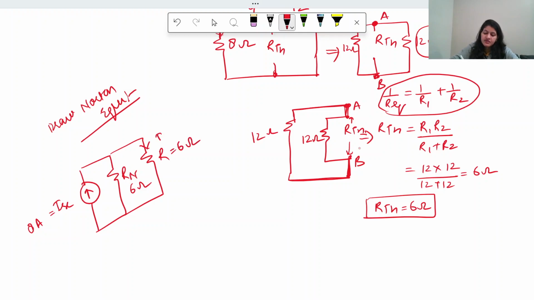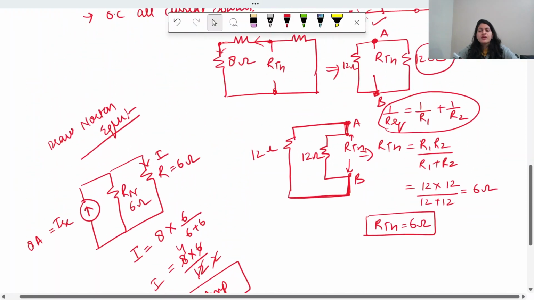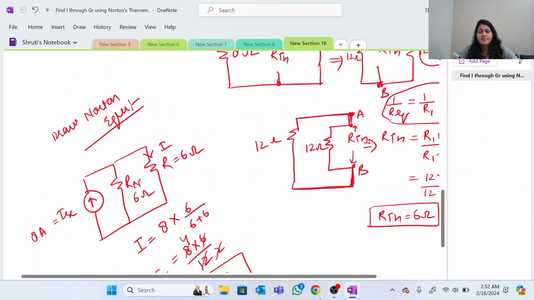And you need to find the value of current here. So I is equal to, applying current divider, 8 multiplied by 6 upon 6 plus 6, right? So 8 into 6 by 12. So final I comes out to be 4 ampere, right? So this was the way to find the value of the current across 6 ohm. Okay, so thank you.